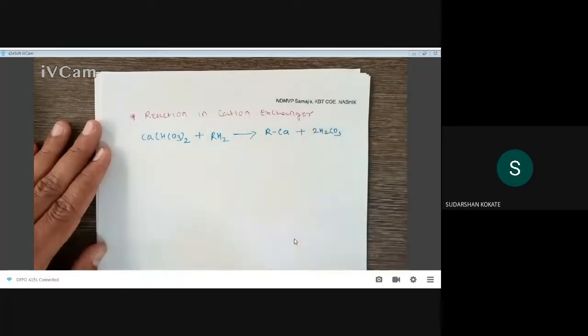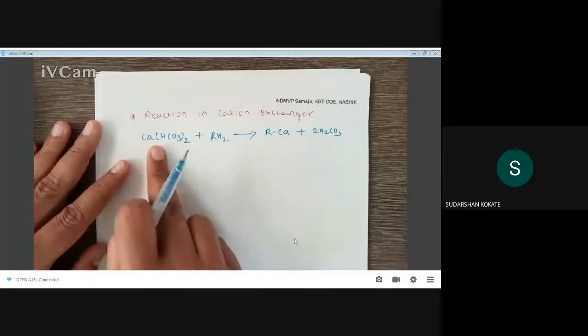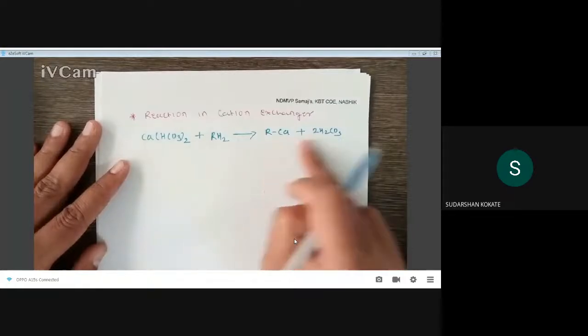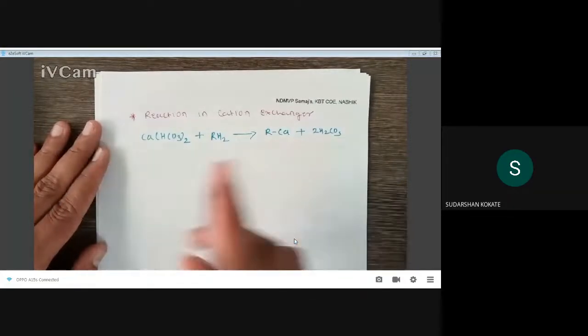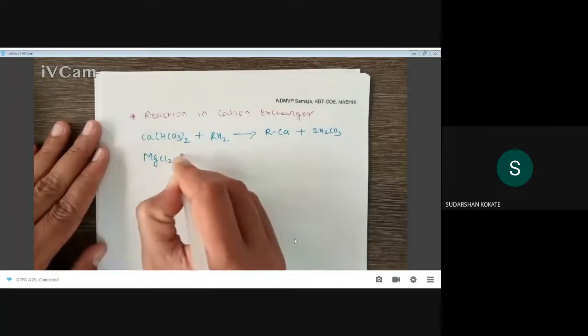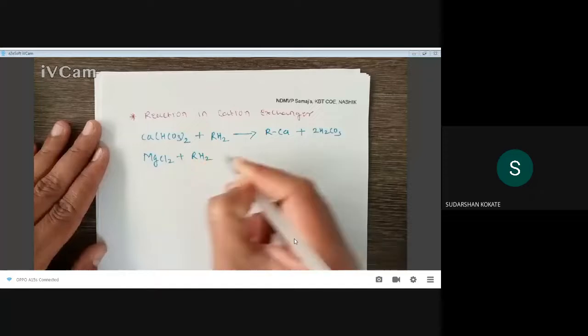Here carbonic acid is obtained. You remember this one. Again, suppose magnesium chloride, MgCl2, plus RH2, right?